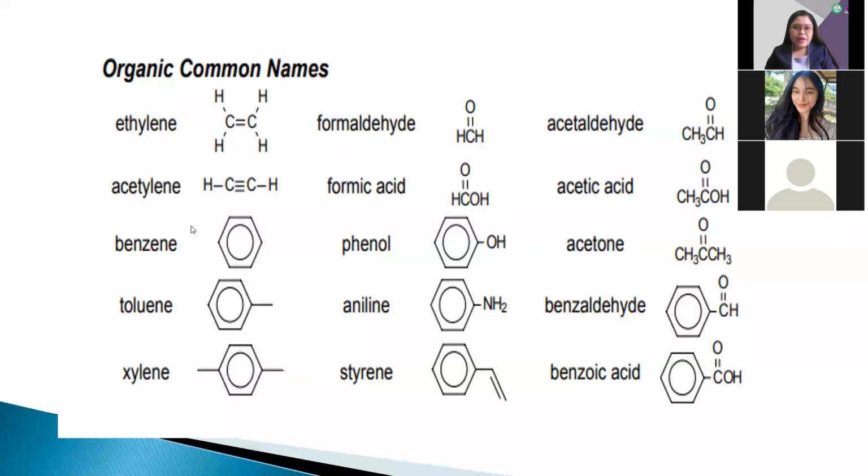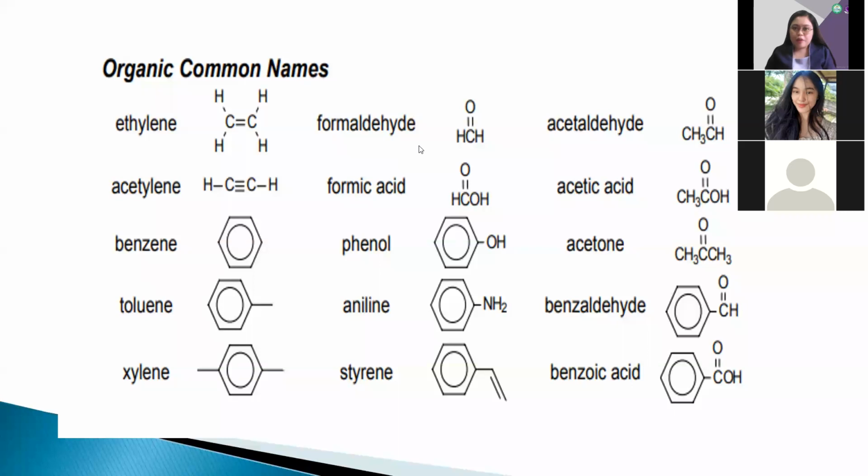Okay? And then we have the benzene here, which is made up of 6 carbons, which is formed as a ring. The same thing with toluene and xylene. They just have some branches. And then, by the way, these 3 are actually used as solvents in the laboratory.